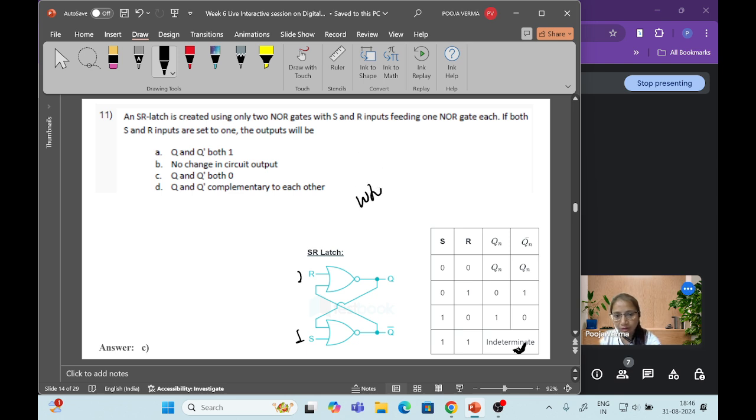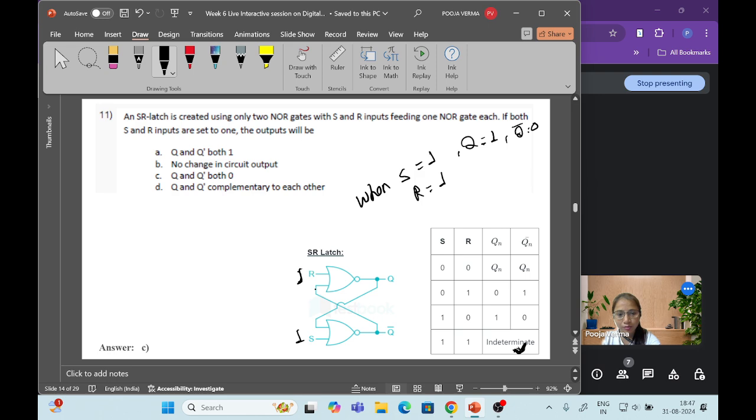So when S is equal to 1 and R is equal to 1, then what will be the output? Q, 1 1. Let's first assume that Q is 1 and Q dash will be 0, right?